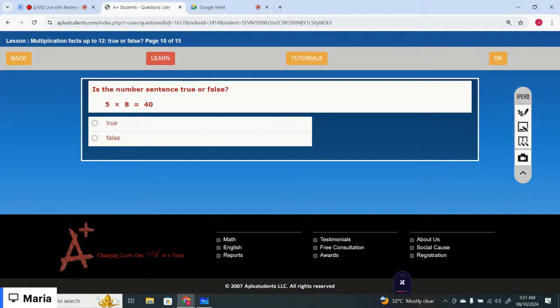Is the number sentence true or false? 5 times 8 equals 40. True it is.